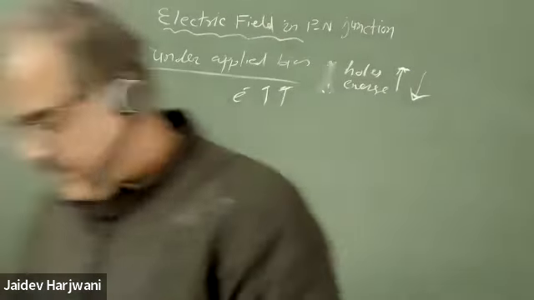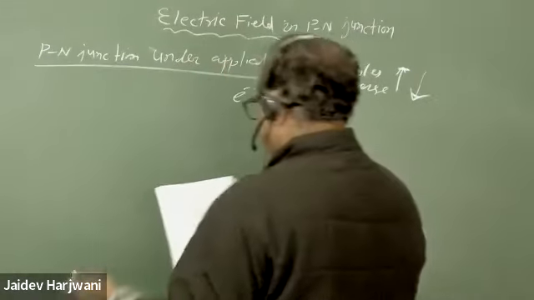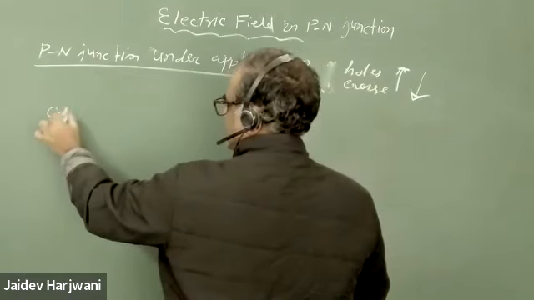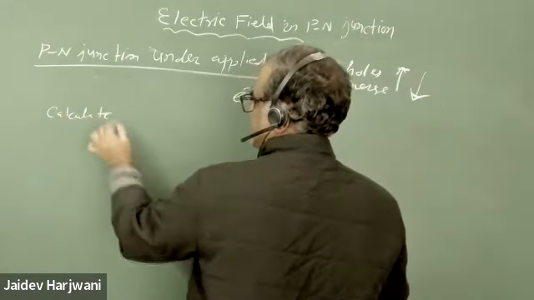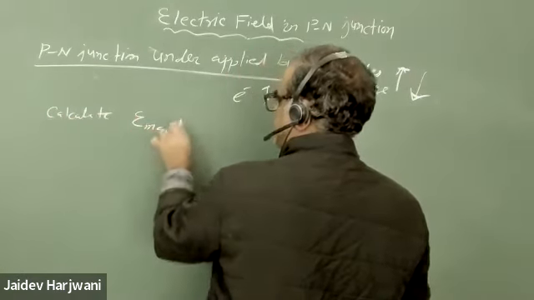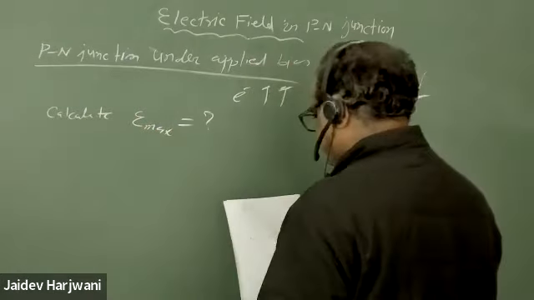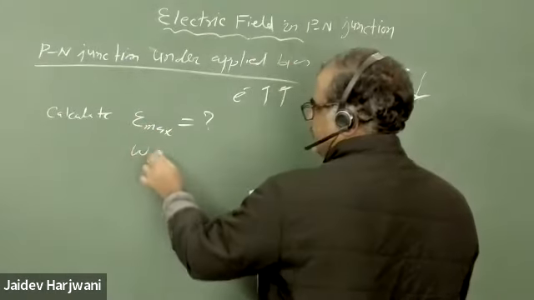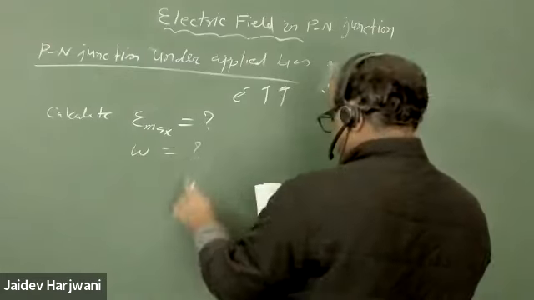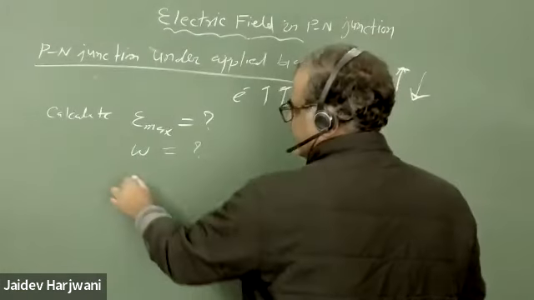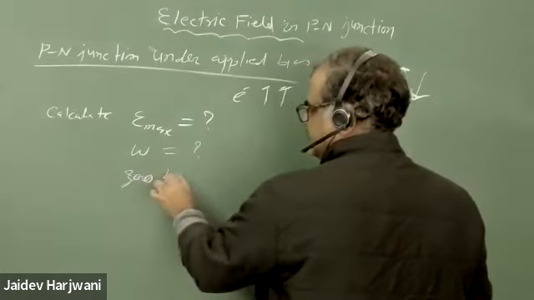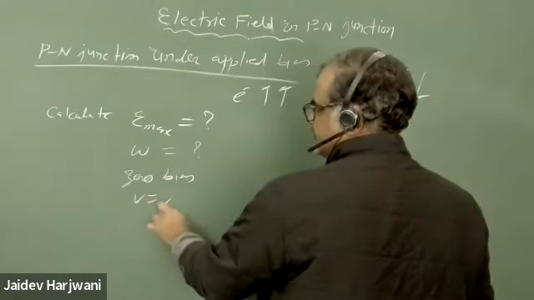So you have been given one problem: calculate the maximum electric field, Emax, and W of the region for zero bias, that is V equal to 0.